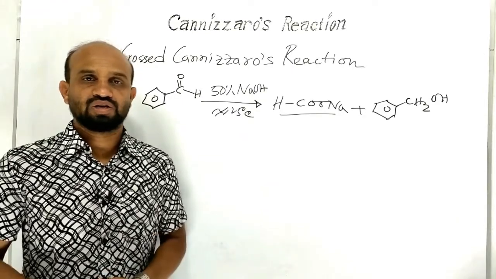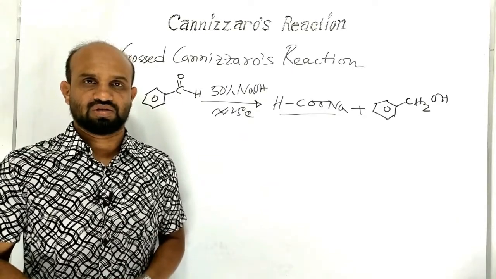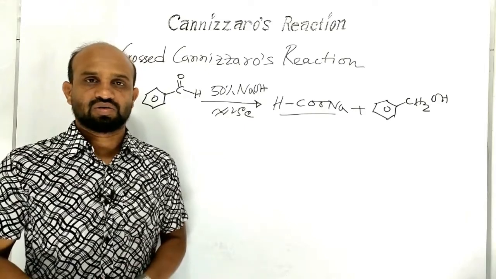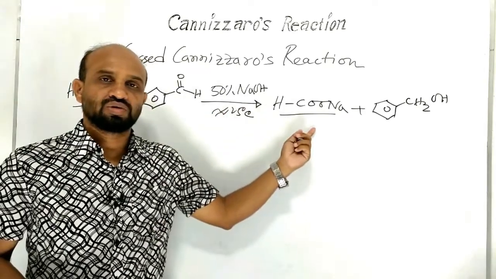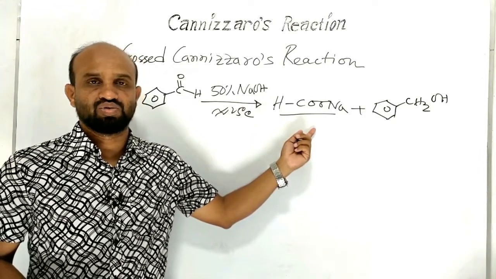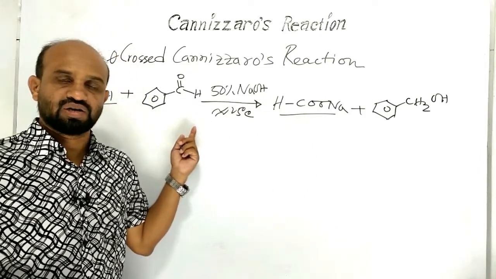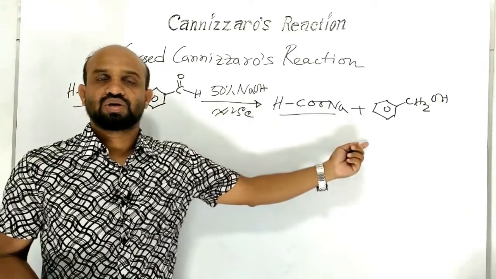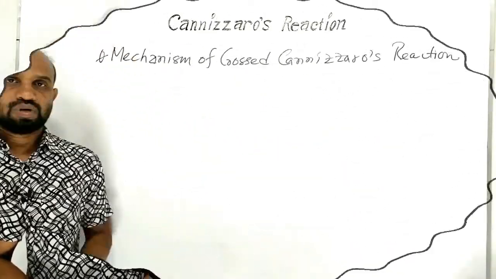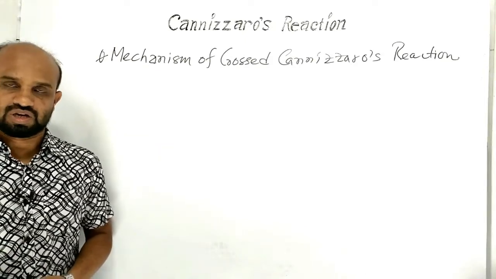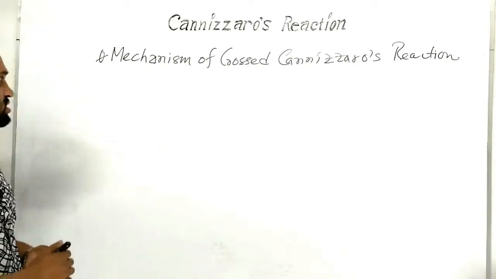Now let's see mechanism of crossed Cannizzaro reaction. And we will understand why formaldehyde turns into sodium salt of formic acid through oxidation and benzaldehyde turns into alcohol through reduction. Mechanism of crossed Cannizzaro reaction. Let's see.